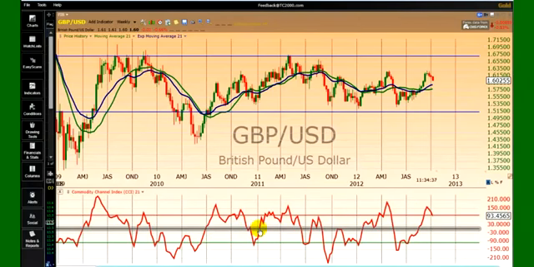If you are using CCI 14, the zero line will represent the moving average 14. If you are using, for instance, the CCI period 30, the zero line will represent the moving average 30.